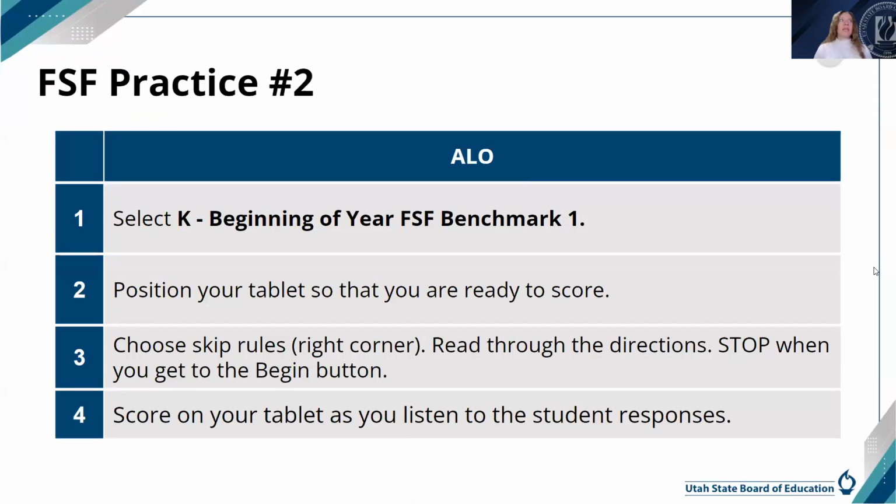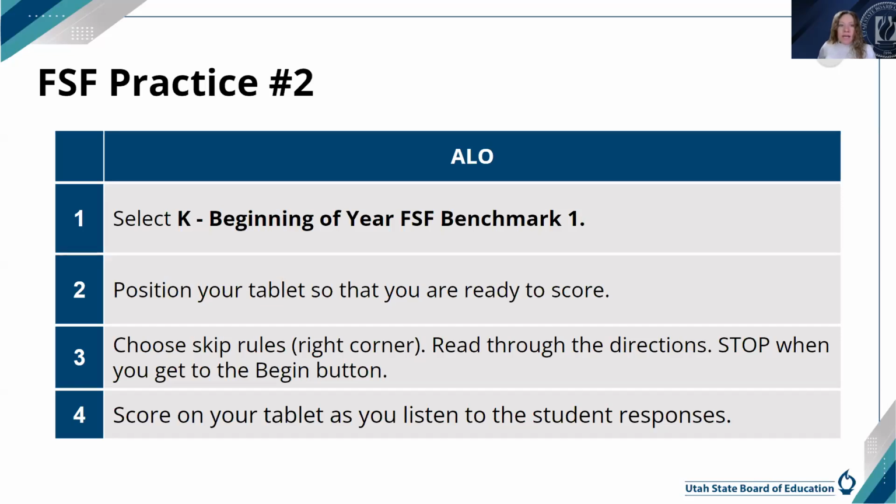Kindergarten, beginning of year, FSF benchmark 1. Just real quick, we had a question. What do we do if the student inserts a sound? Do you just ignore that and still mark the sounds that they give you?